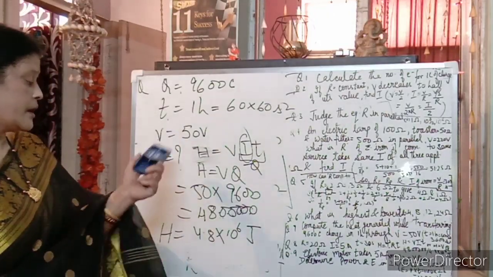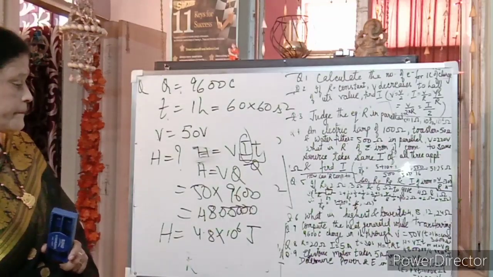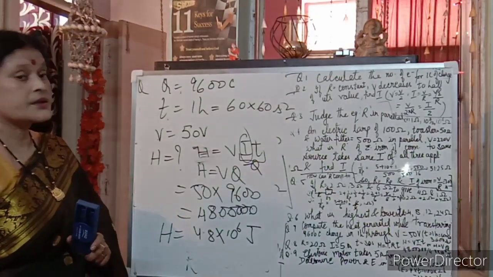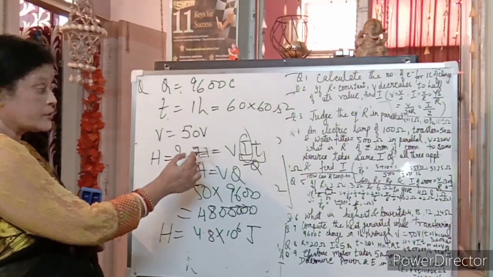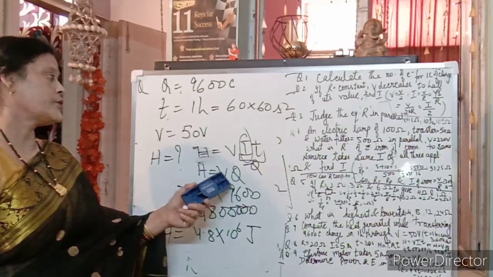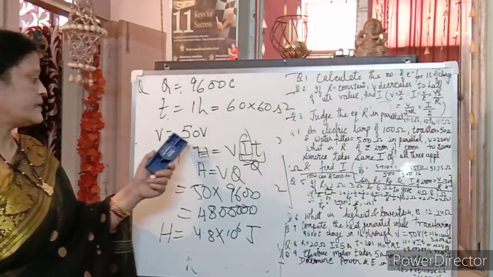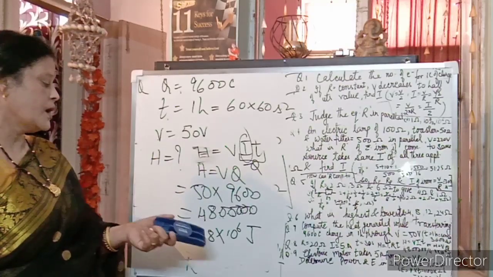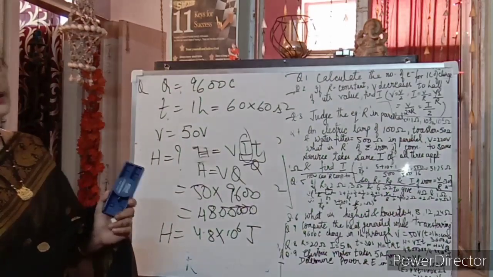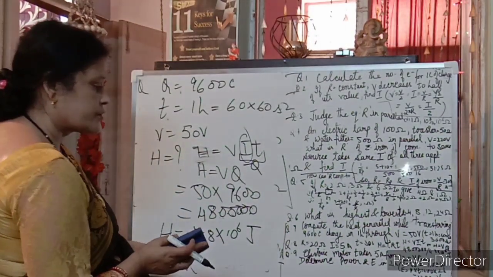So this is how it can be done. Joule. Clear, student? Don't confuse it with VIT. If I is not given, Q is given, and volt is in joule, so the answer is in joule. Nothing to do with this T. Nothing to do with this T. This is just to create confusion that they give it.